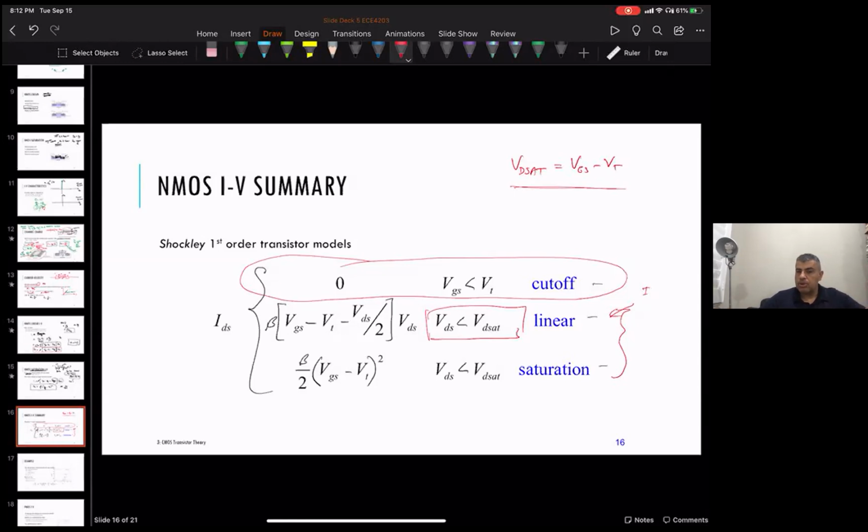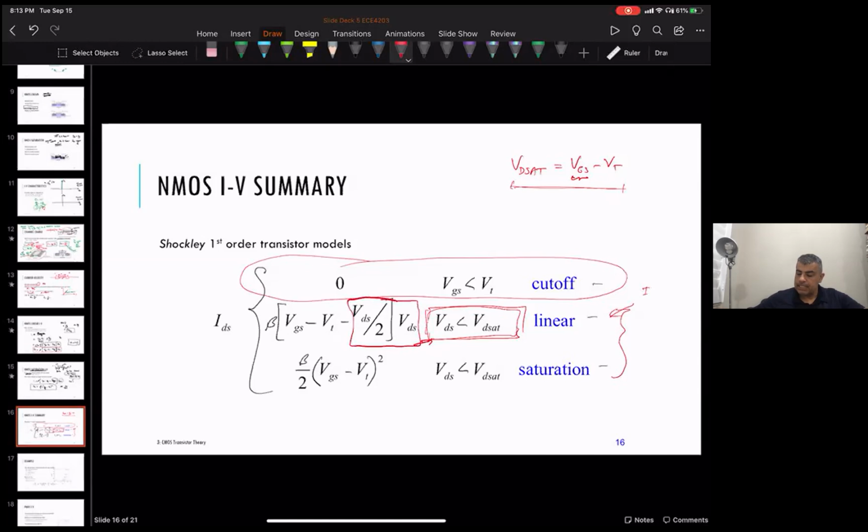In this case the transistor is on, but current is still proportional to VDS.